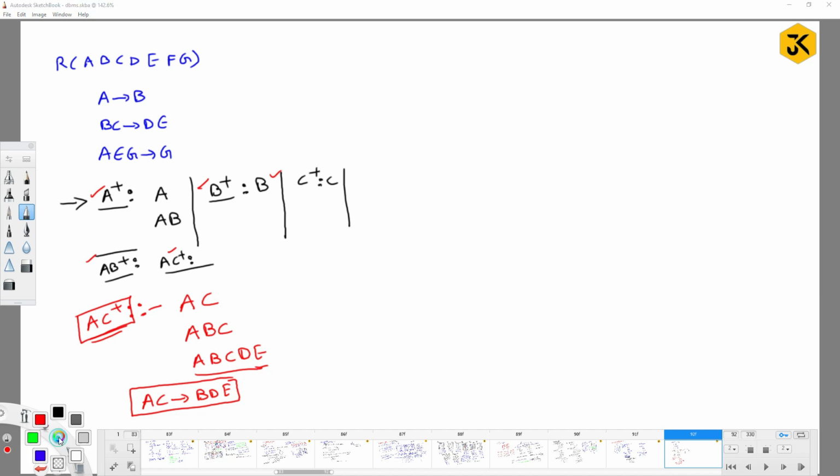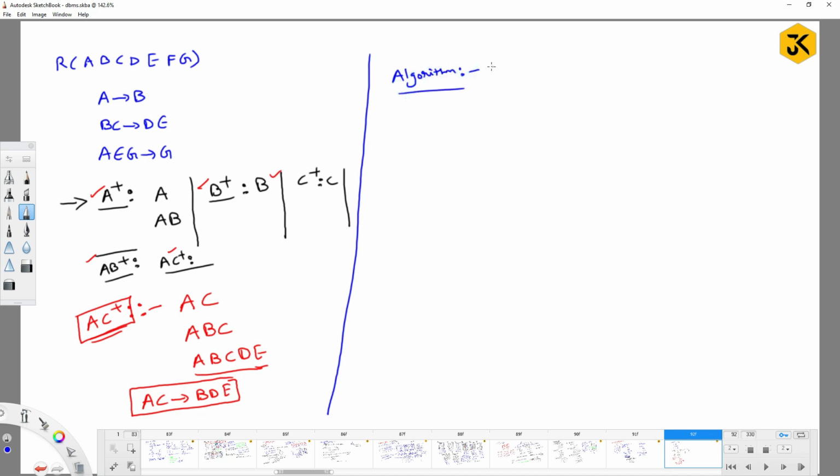So what I have done here, can you tell in the form of an algorithm? Algorithm for closure set of attributes. Can you define? What is the first step I did?